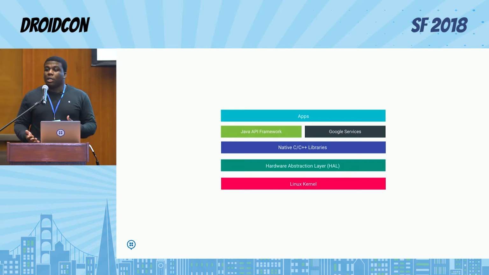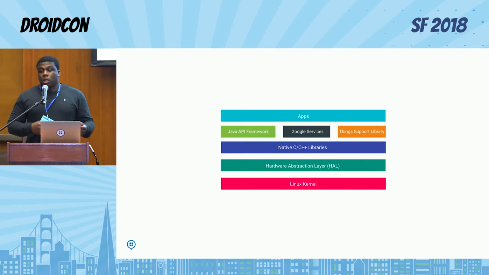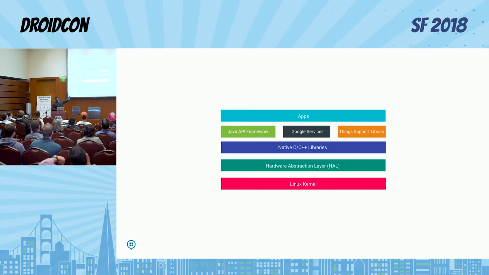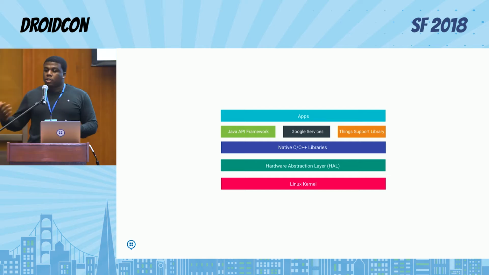How that relates to Android Things is that it extends the core framework of Android. It adds a unique layer called the Things Support Library, which is a library that allows you to interact with low-level peripherals, which I'll get into a little more later.